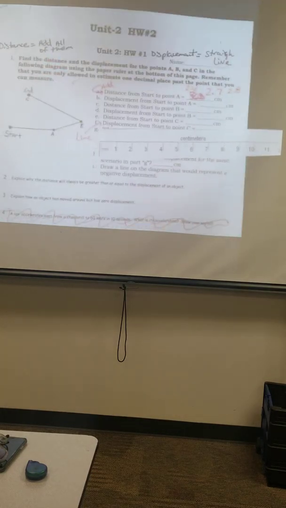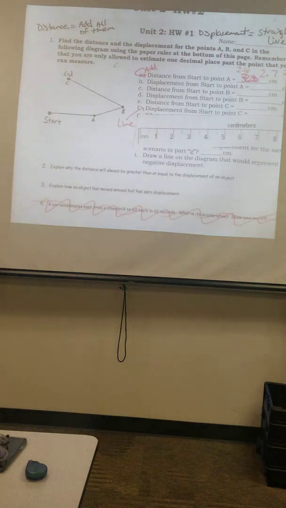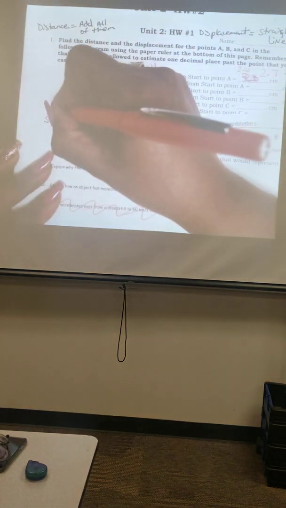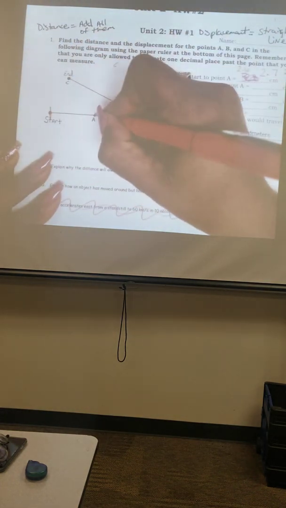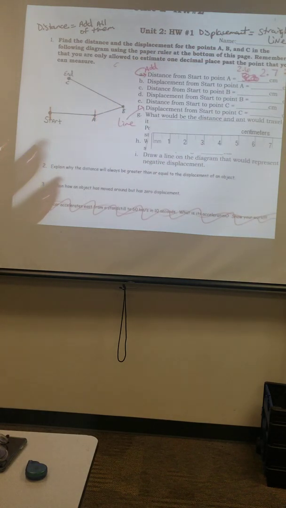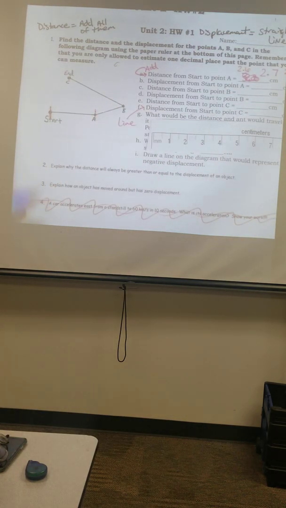But what I want us all to know is that when you measure something, you measure from the middle to the middle. The reason is that there's an equation later on, Newton's law of gravitation, where he measures from the middle of one object to the middle of the other object, not from end to end.